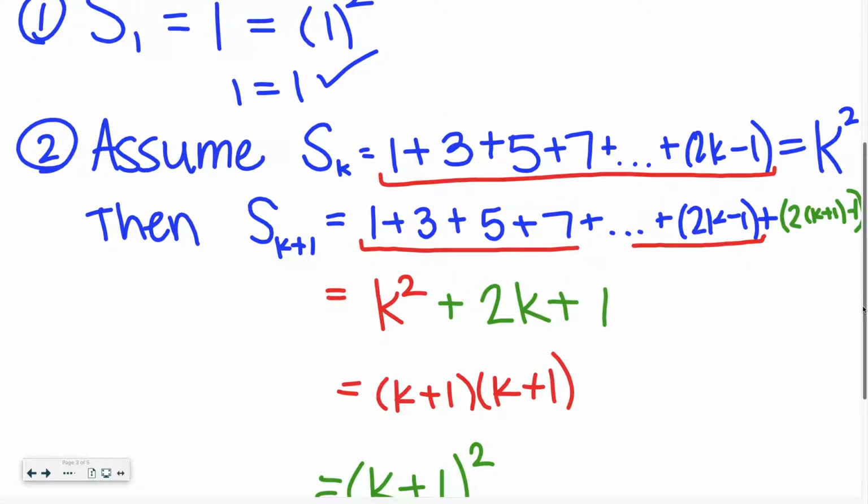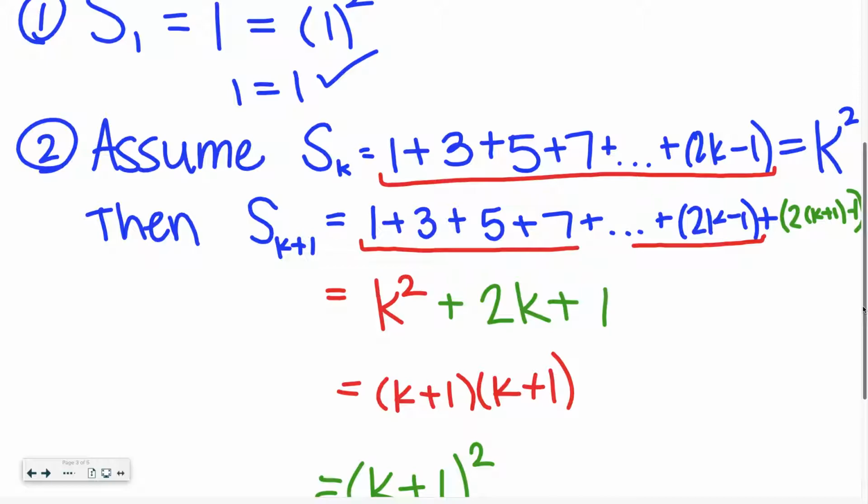Our next step was then to look at the k plus 1 sum. The k plus 1 sum has the first k terms, but then we have to add the k plus 1 term. So whatever this was, we substituted in k plus 1 for k, and that was our next term.